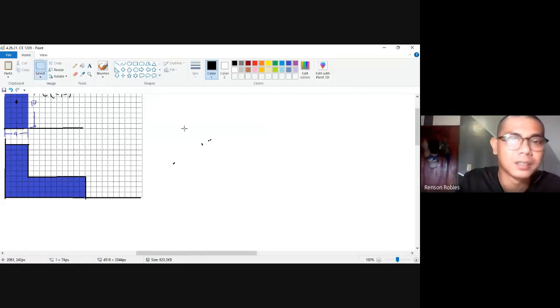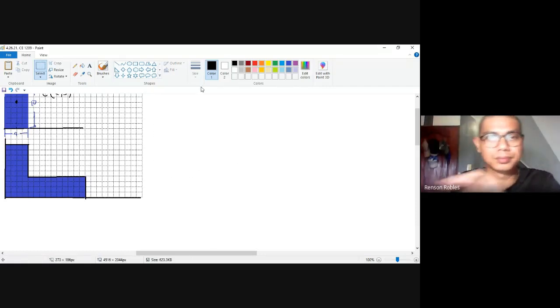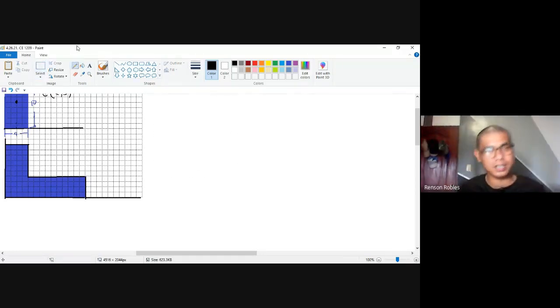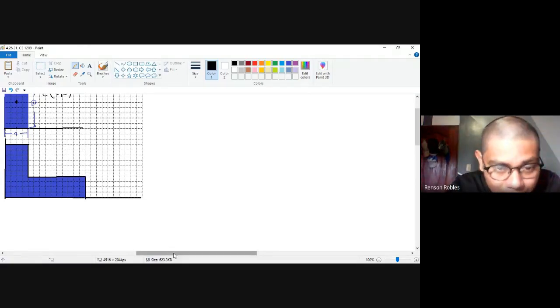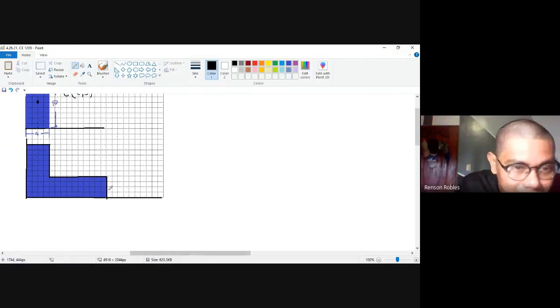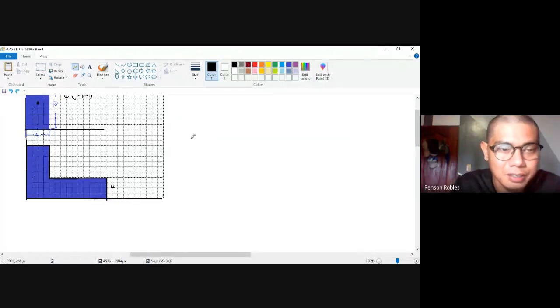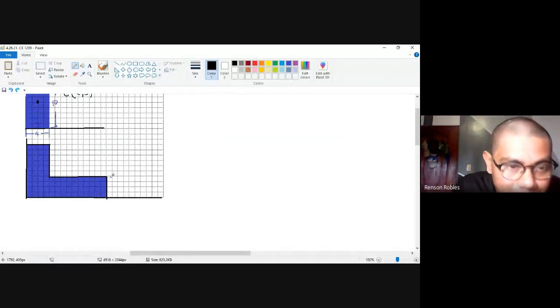Let's measure the sides. This is how long? 1, 2, 3, 4, so this is 4. You correct me if I'm wrong.